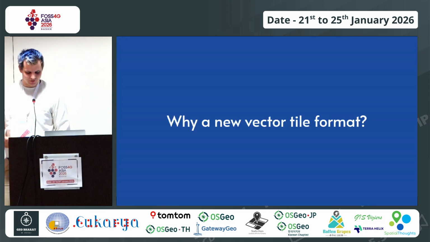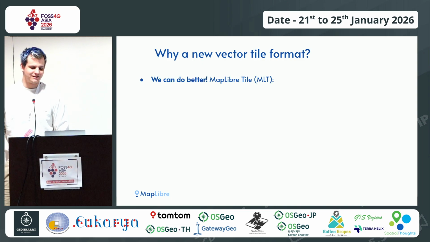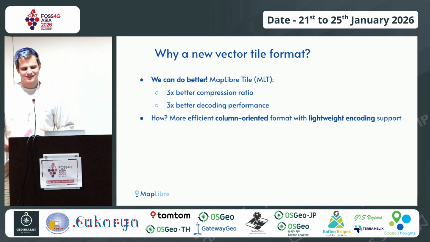So why the new tile format? Well, we didn't like the name. No, not really. We can do much better, with 3 times better compression and 3 times better decoding performance, and we are doing this via the switch that I've just talked about, doing it column oriented instead of row oriented.